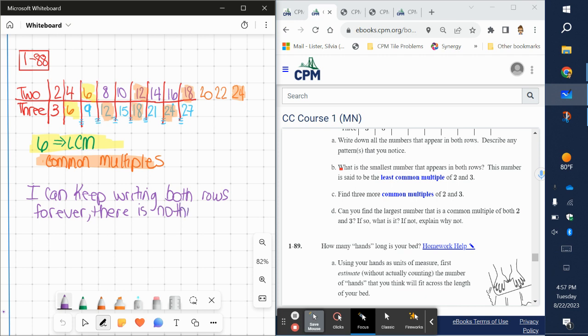There is nothing stopping me from counting. So I can't come up with the largest.